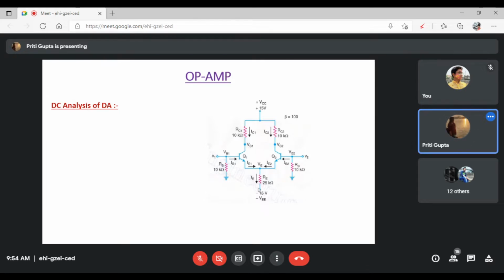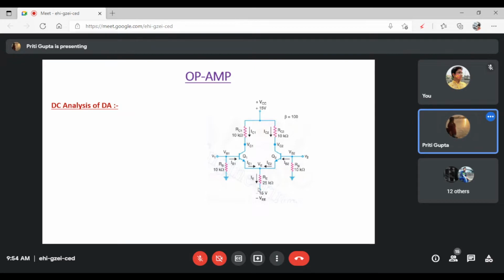Full stop. We assume that the base current is very small. Actually, in actual, the base current is very small, that we will discuss in BJT.